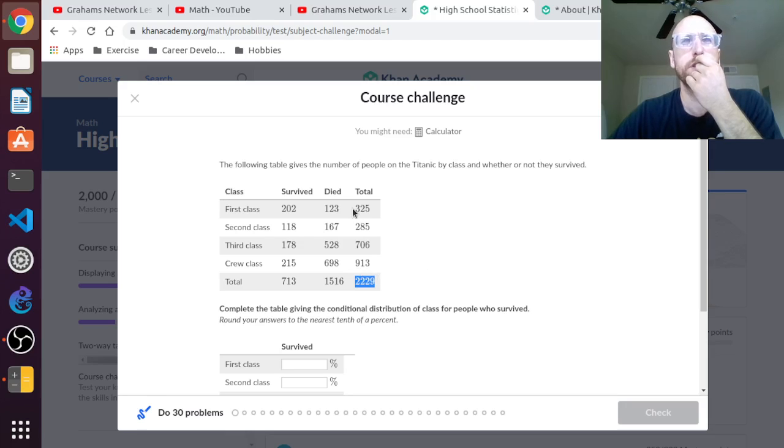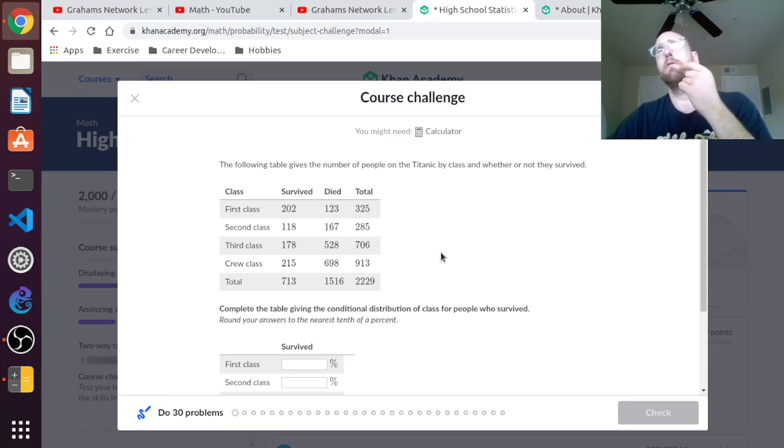The number of first class people was 325. Of these 325 people, the number that survived was 202, and the number that died was 123. That's the same number as the people who died of the group that were first class.